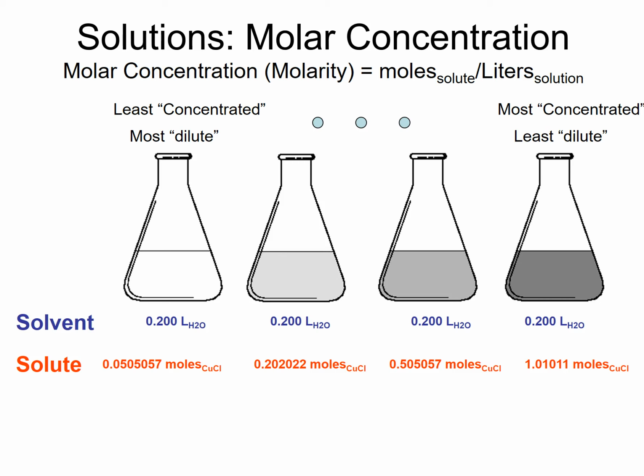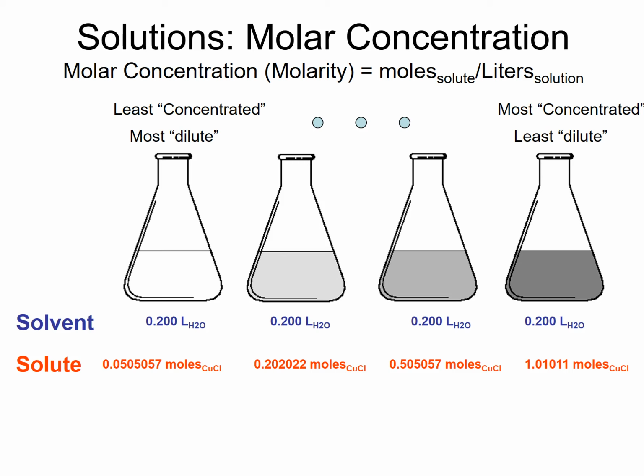But to a first approximation, as long as we don't make solutions that are too highly concentrated, we can assume that the volume of the water is close enough to the volume of the solution that we don't need to be aware of any volume increases, the result of adding copper chloride. So we'll assume that the 200 milliliters of water will be, in fact, the volume of the solution. Let's do the arithmetic and see how it works out.